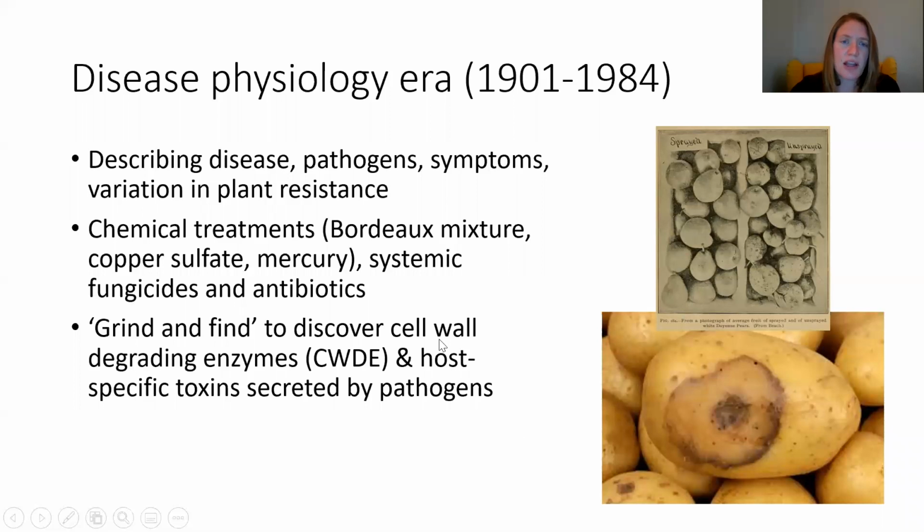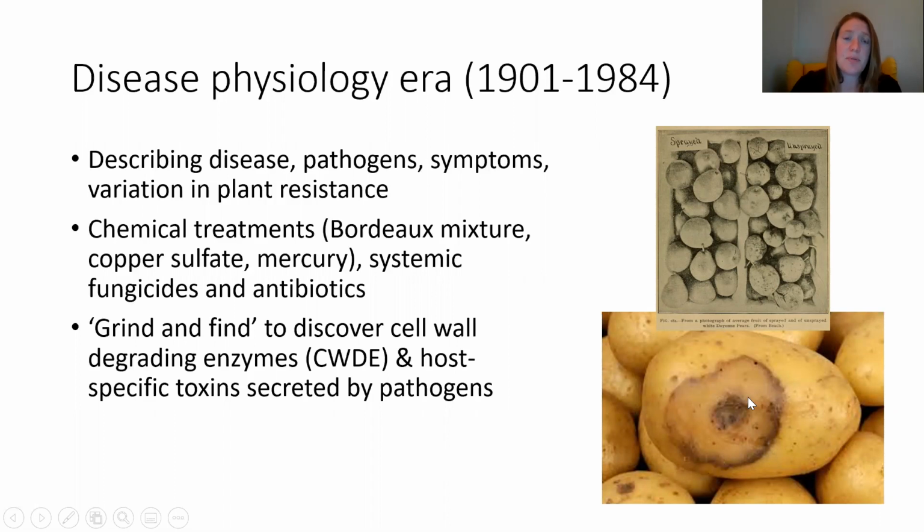It was also a time of really strong biochemistry as a tool. What people would do is often grind up necrotic lesions like you see here, or sunken lesions. They would fractionate the molecules within that slurry, and they would try to find the specific enzymes or molecules that would produce the visual symptoms that they were seeing on diseased plants.